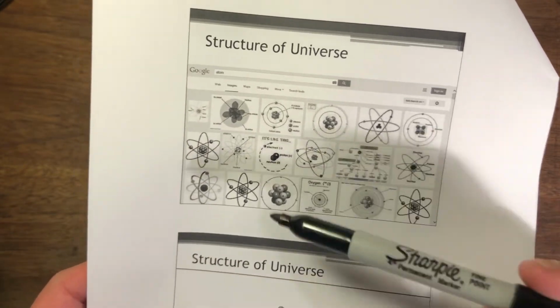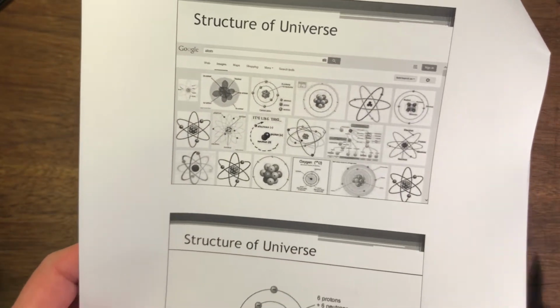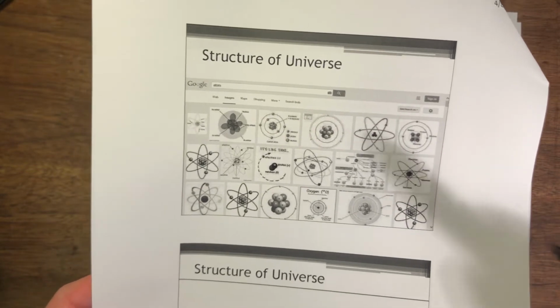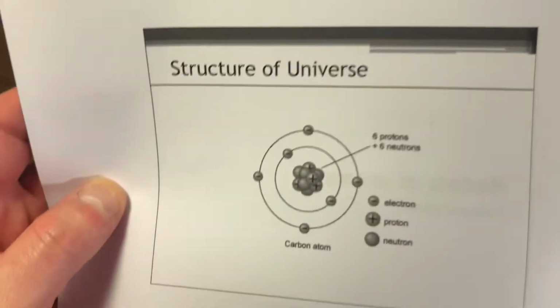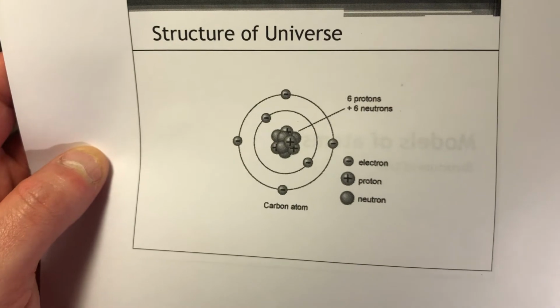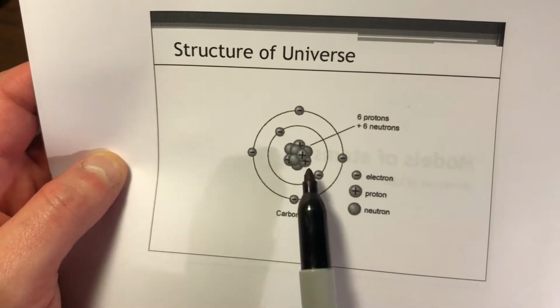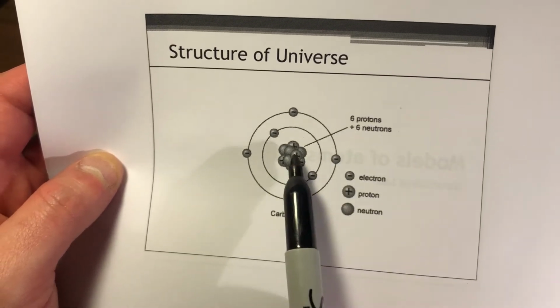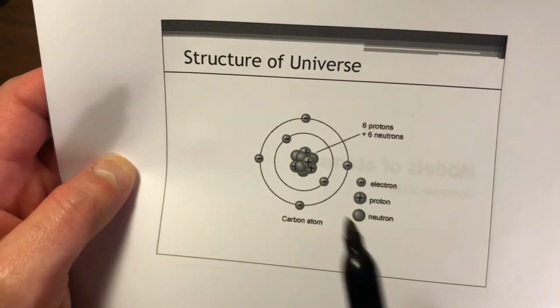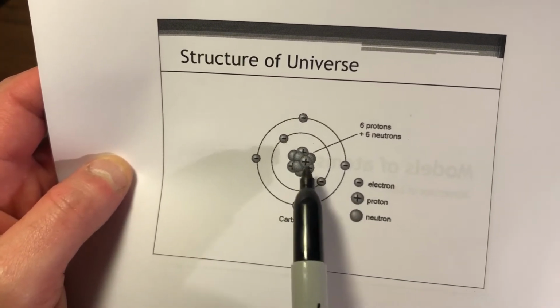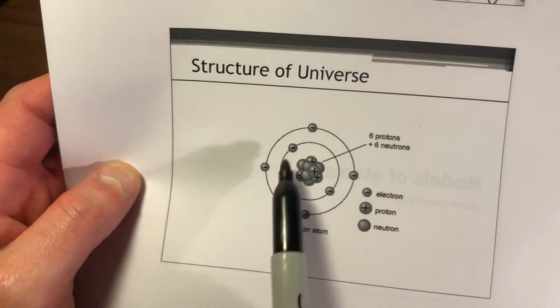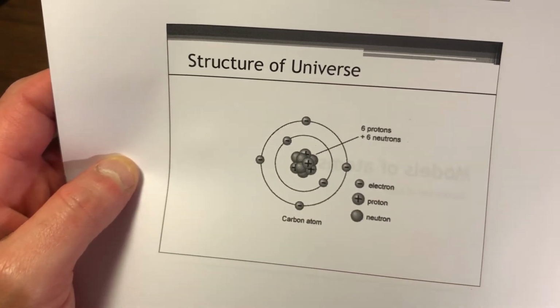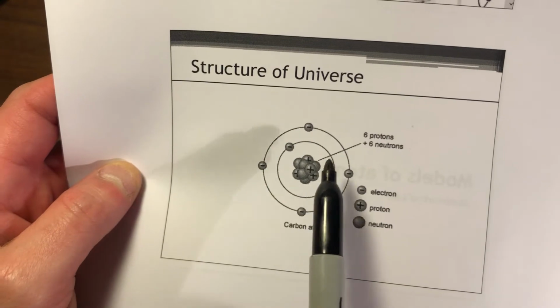So we know none of these are actually the way it looks, and we said that. But for now, it is going to be okay for us to think about it like this. And this should be familiar to you. Nucleus. Remember, this is not to scale at all. The center makes up most of our mass, and we have our protons and neutrons, and then we have rings around it, and those are, remember, supposed to be our orbitals.